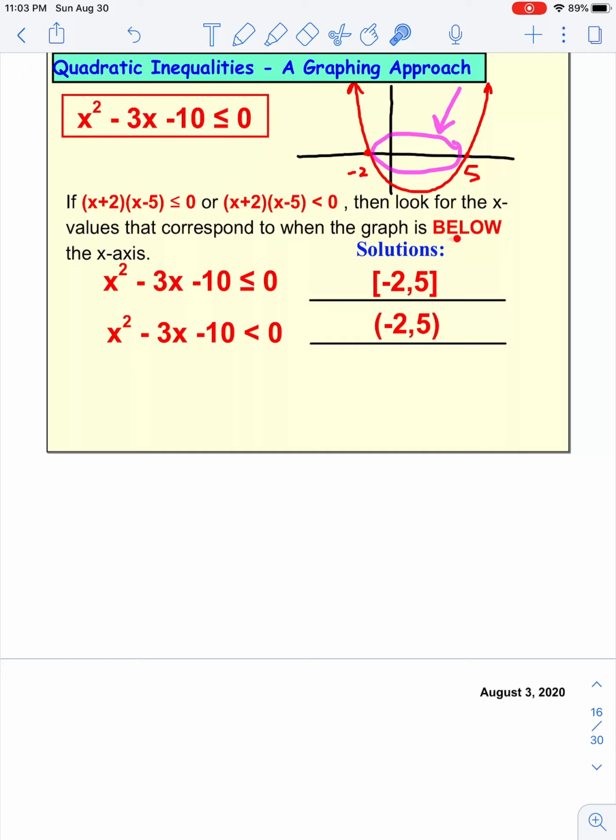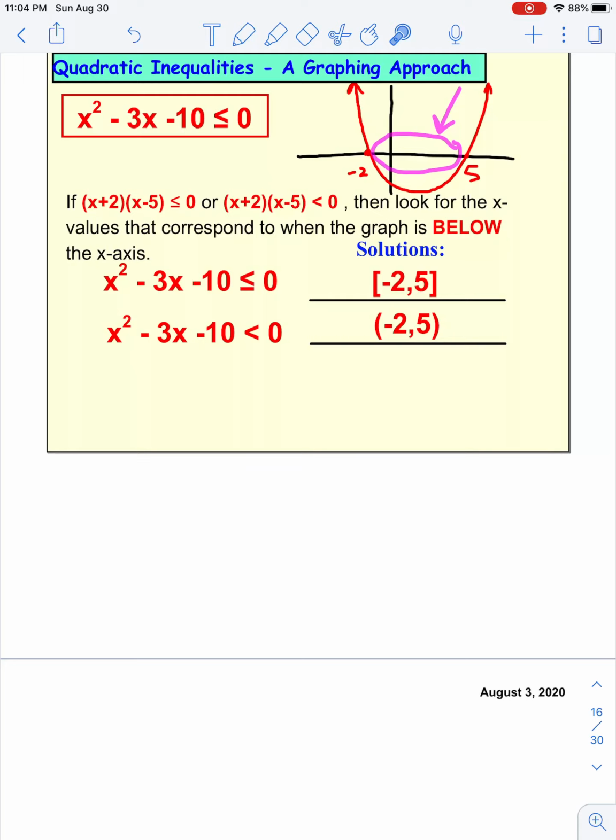And then basically we need to look for when the output of this function will be less than 0. Well, that's going to be when it's below the x-axis. So what x values that you would plug into the equation are you going to get outputs that are negative or below the x-axis? Well, that's obviously x values between -2 and +5. Anything you plug in between -2 and 5, the function value is going to be down here.